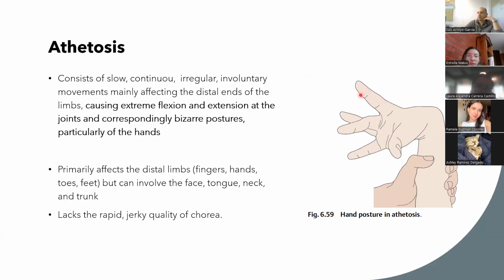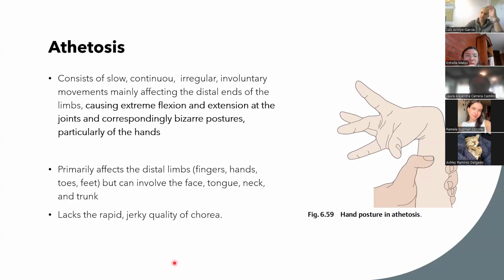The joints are overextending, making these bizarre postures, mainly in the hands. It can also involve the face, the tongue, the neck, and the trunk. And what is lacking is the rapid movements like you have in Korea.